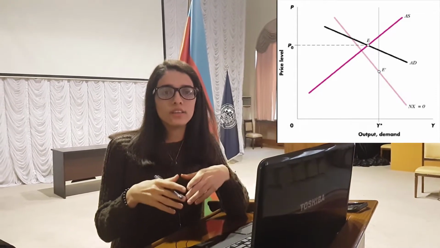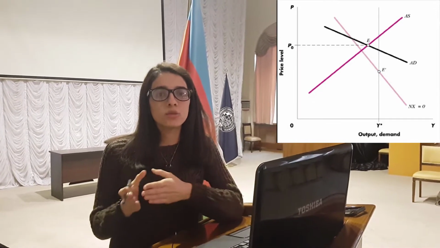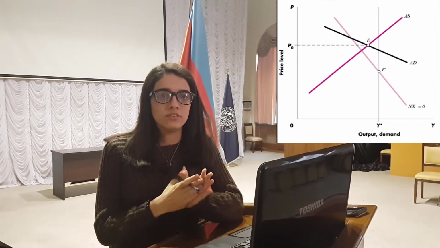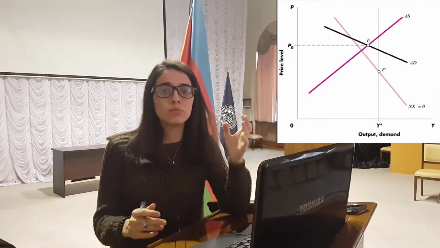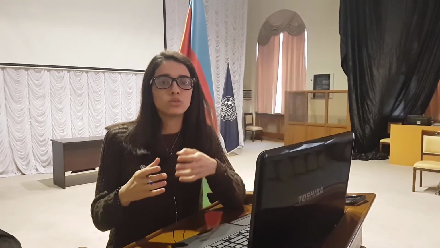At point E, the home country has a trade deficit. To achieve trade balance, we would have to become more competitive, exporting more and importing less, or reduce our level of income in order to reduce import spending.